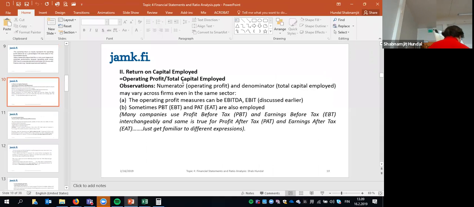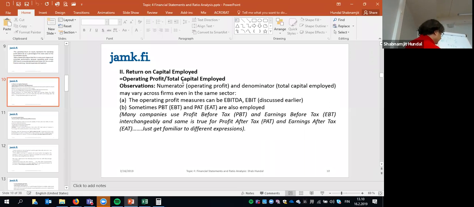Can somebody tell me? How many types of capital do we employ in the company? Broadly speaking, the debt and the equity. Debt and equity, yeah. So equity we already know is this much, the book value, yeah.